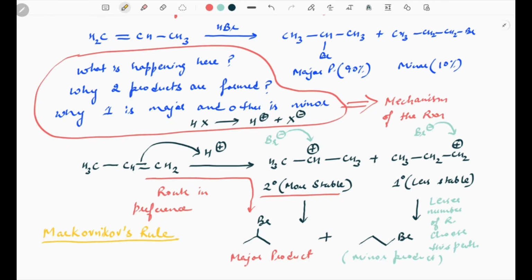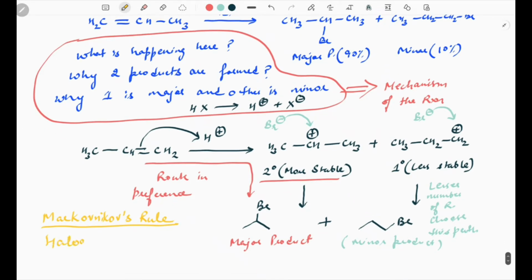That is, halogen is added to the more substituted carbon of the carbon-carbon double bond. This is the secondary carbon, this is primary. So, according to the Markovnikov rule, in the major product, halogen will be attached to the more substituted, that is secondary carbon, whereas the primary derivative will be formed as the minor product.